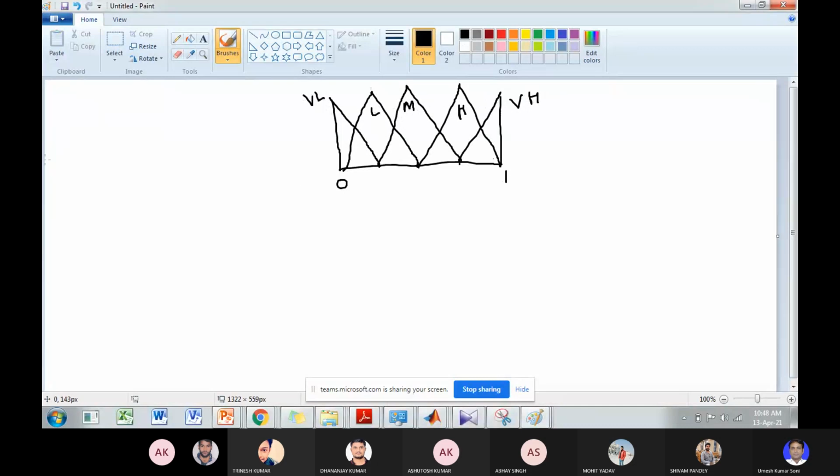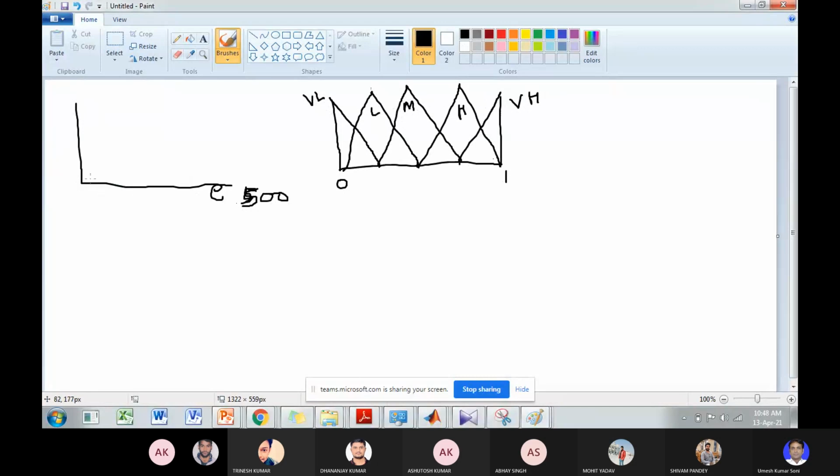What are the input membership functions? Input membership functions are the error. The maximum error possible is 500. Suppose maximum possible voltage is 500, and the actual output voltage may be 0.